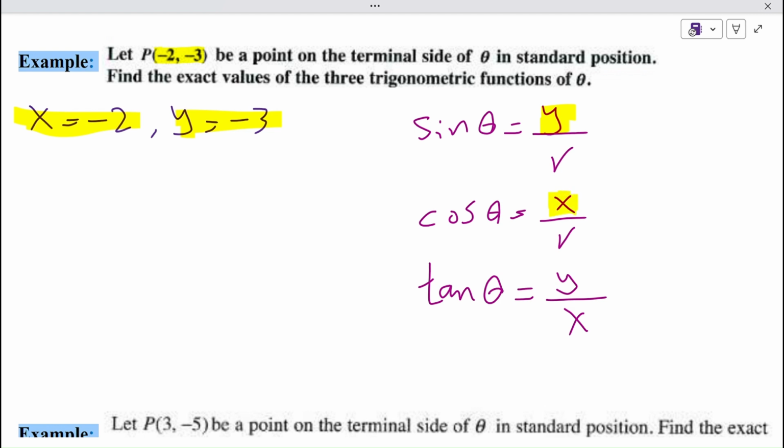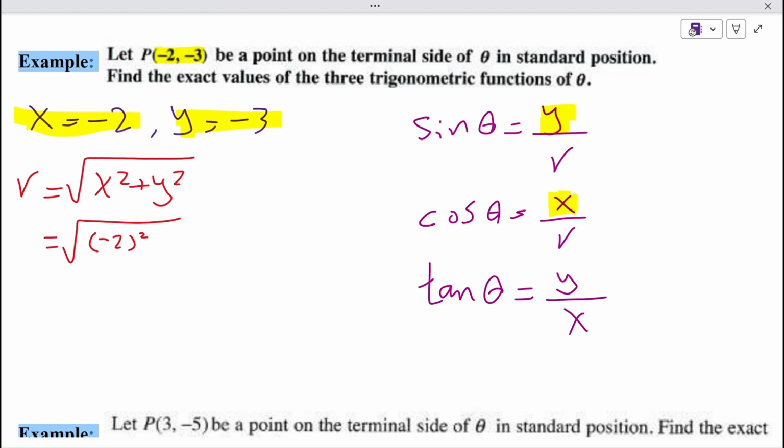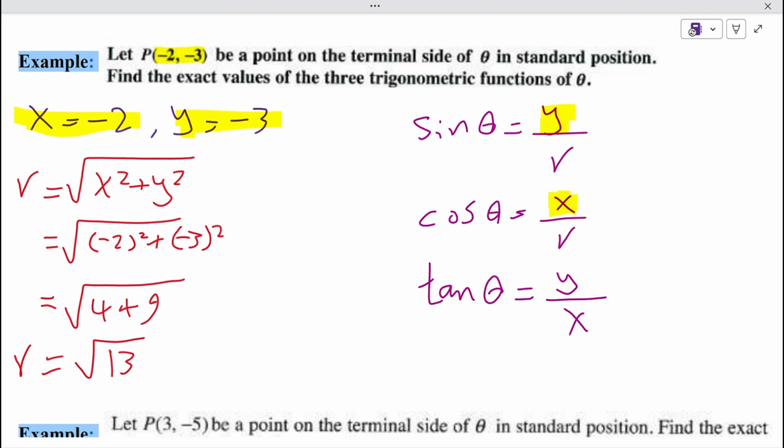By using the Pythagoras rule, r is equal to the square root of x squared plus y squared. Then the square root of -2 squared plus -3 squared. -2 squared becomes 4, plus -3 squared becomes 9. Then r is equal to the square root of 4 plus 9, which is the square root of 13. This is r.